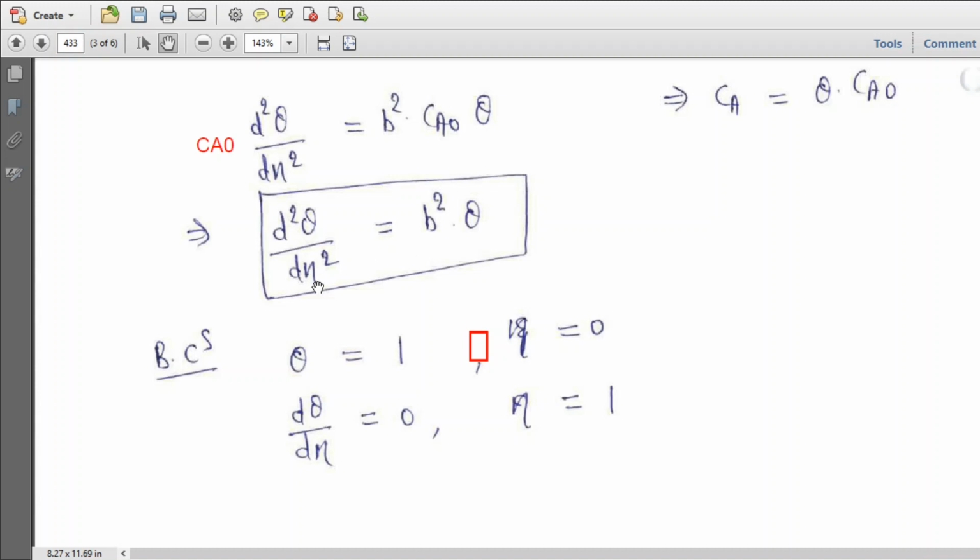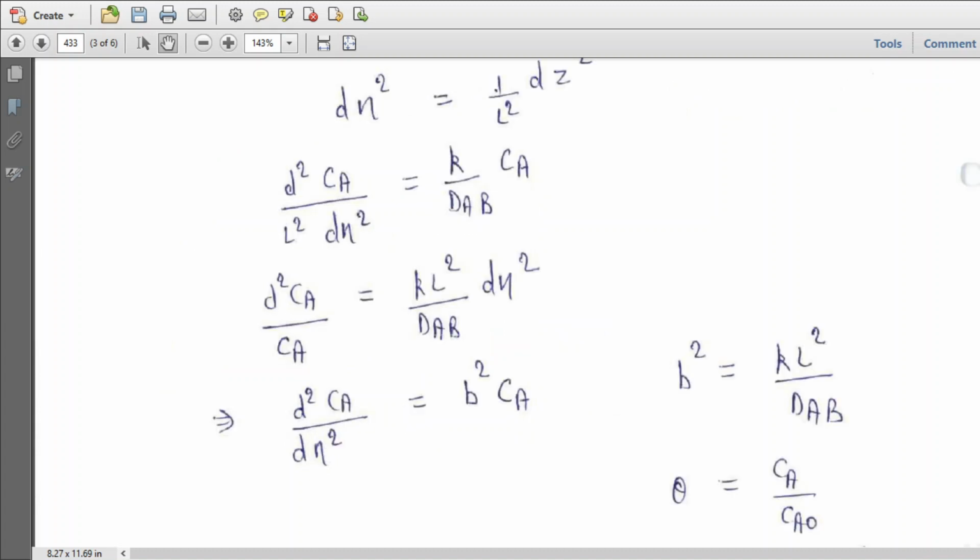Now the non-dimensionalized boundary conditions are theta equal to 1 where eta equal to 0, and d theta upon d eta equal to 0 where eta equal to 1. So these are the non-dimensionalized boundary conditions.